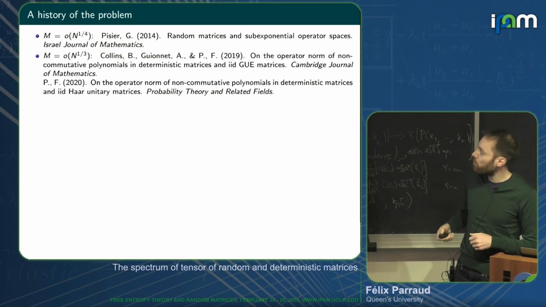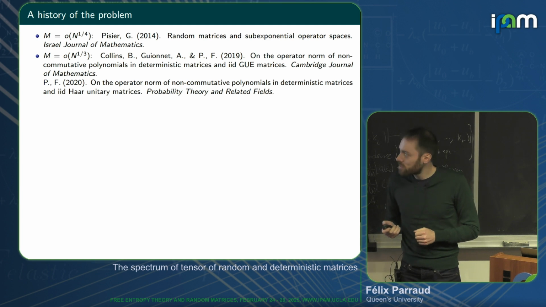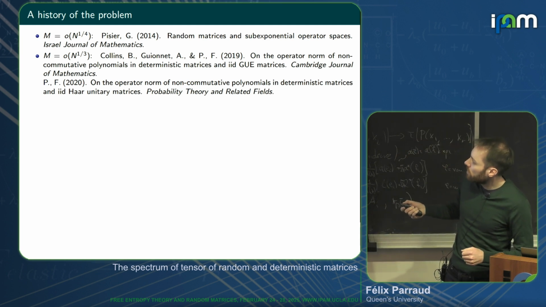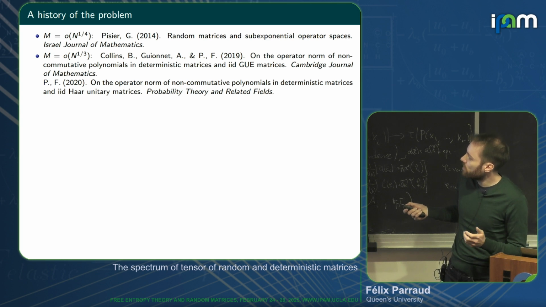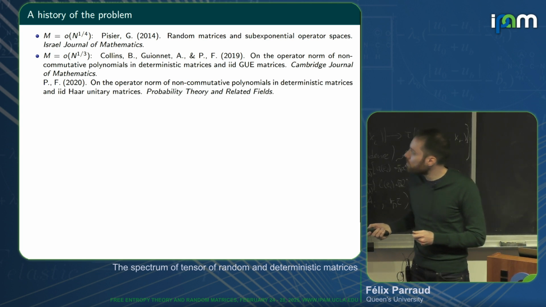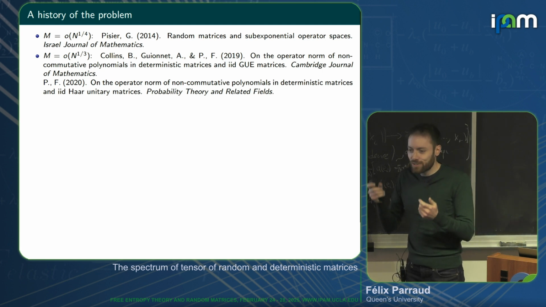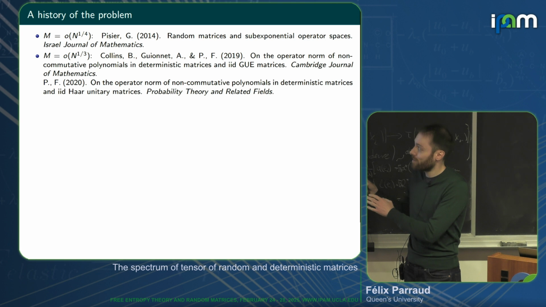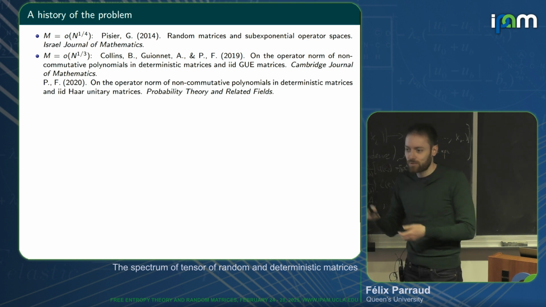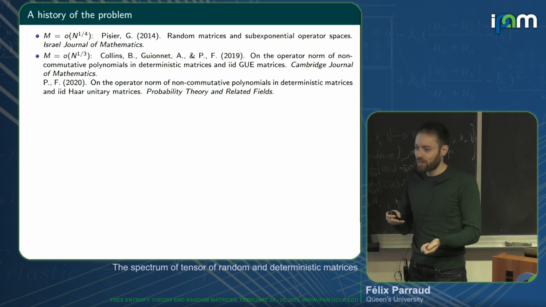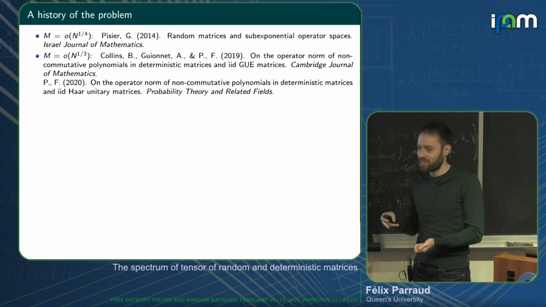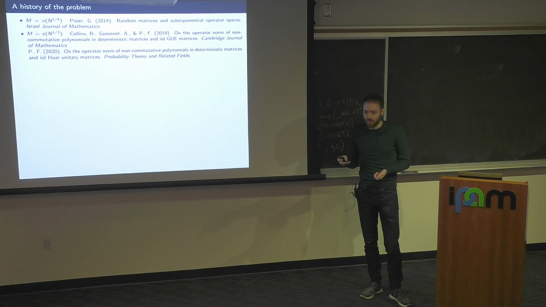And then we moved forward by a few years, and there's this paper by me and my advisors at the time, Collins and Guionnet, where we improved that bound to N exponent 1/3. What's interesting is that that was my very first paper, at the beginning of my PhD, and from the story I was told later on, I ended up working on this question because there was a workshop at IPAM in 2018 where I believe Ben met with Benoît and Alice and actually asked them that very question.